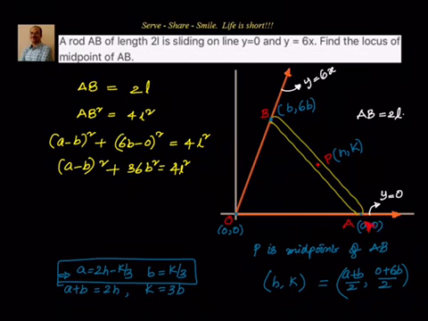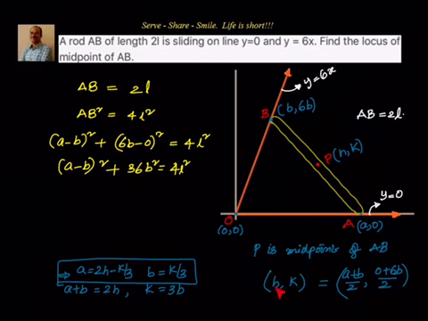Why did we take a comma 0 and b comma 6b? Because these coordinates change as the rod slides. But the midpoint is with respect to a and b only, and the length of the rod AB never changes; it equals 2L. These are the two conditions we have used to solve this problem.